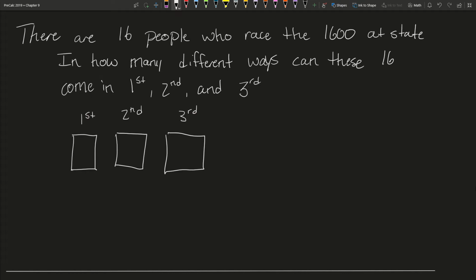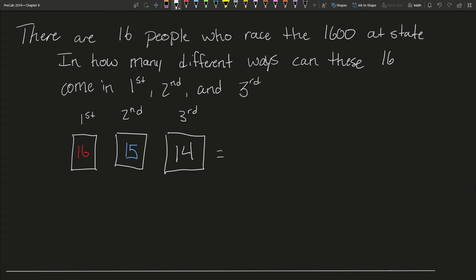If we follow that same kind of procedure that we just did above, there are 16 possible people for that first place position. So this first event can happen in 16 different ways. The second event, because we already used one of those people, can only happen in 15 different ways. And then the third event, because we've already used 2 of those people, can only happen in 14 different ways.